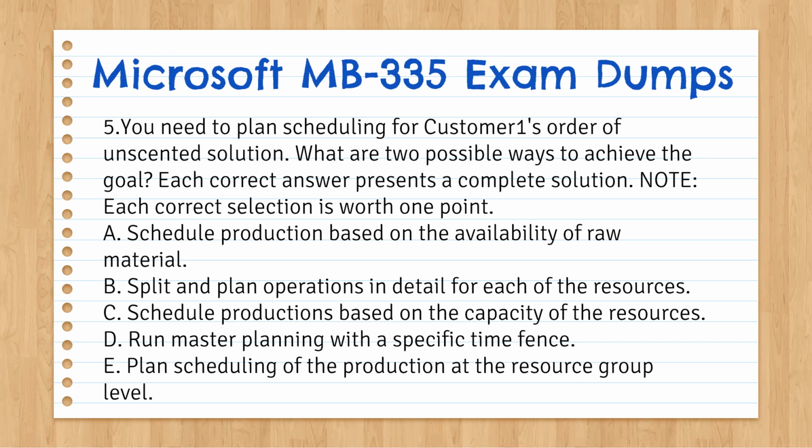B. Split and plan operations in detail for each of the resources. C. Schedule productions based on the capacity of the resources. D. Run master planning with a specific time fence. E. Plan scheduling of the production at the resource group level.